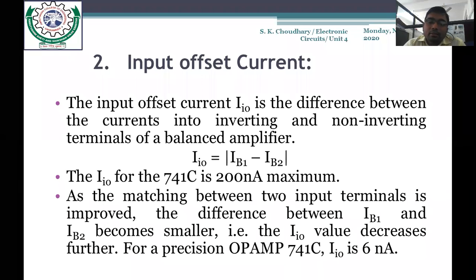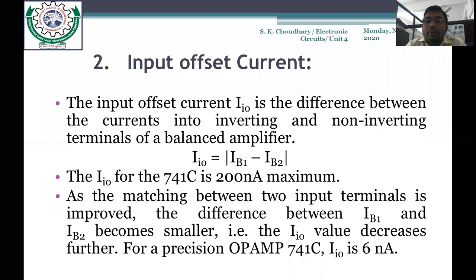As the matching between the two input terminals is improved, the difference between IB1 and IB2 becomes smaller. The more matched the transistors are, the smaller your input offset current would be.